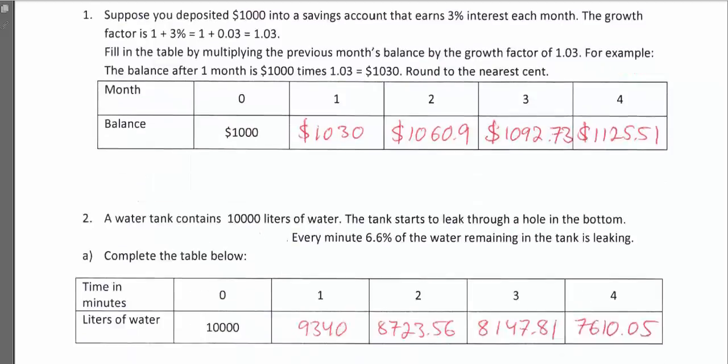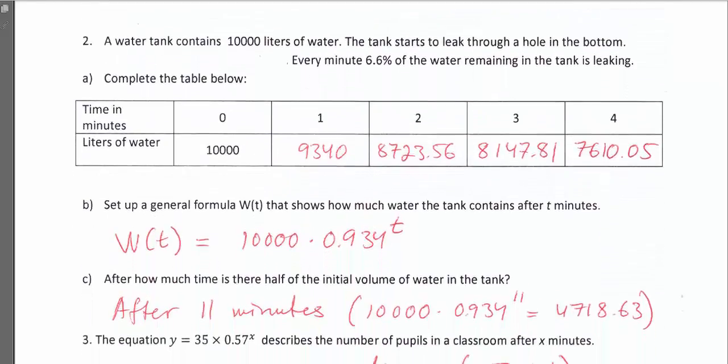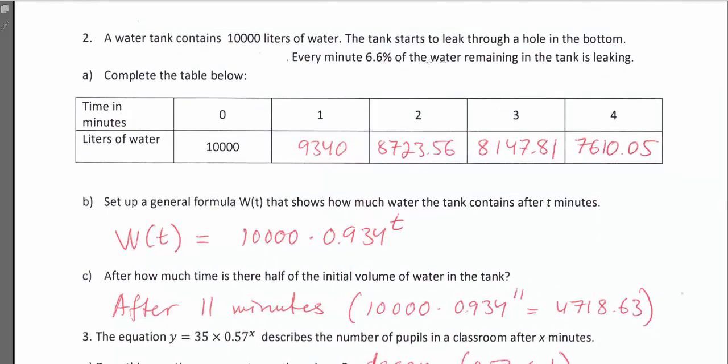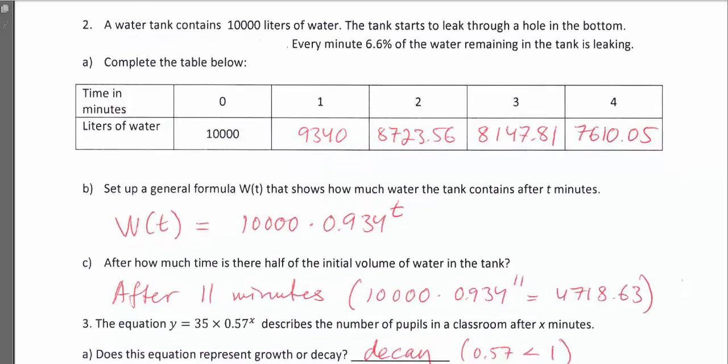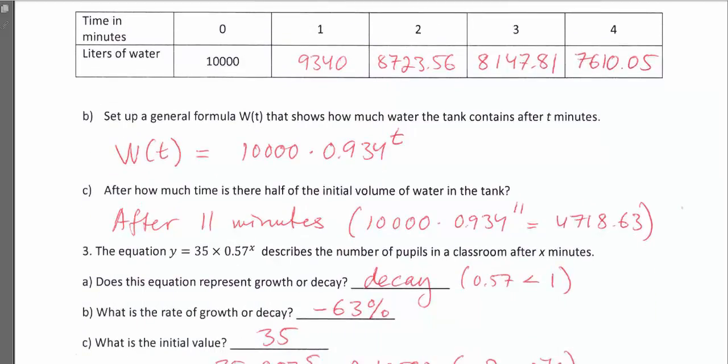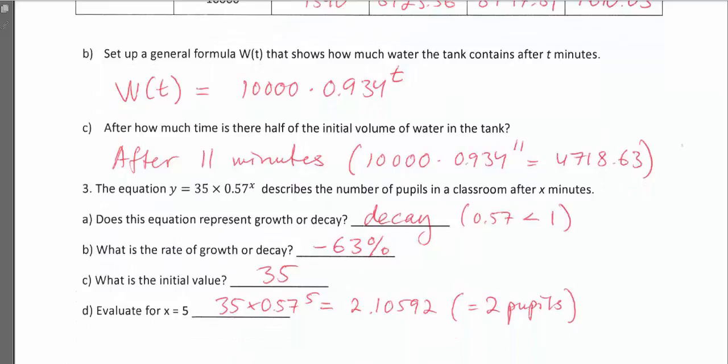If something is decreasing or getting smaller, or something is leaking, then we have to have a factor that is less than 1, because when we multiply any number, in this case the initial value, with something that is less than 1, the result is going to be smaller than what we start with.